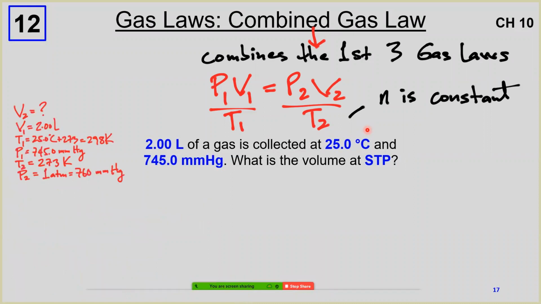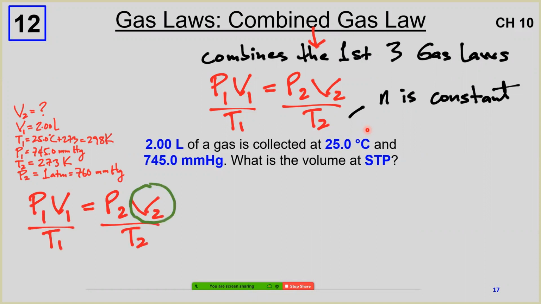All right, so we can use the combined gas law and isolate V2 by itself. I'm just going to copy and paste this real quick. So here's our equation, and we're trying to solve for V2. So we have to move T2 and P2 to the other side, so we can cross multiply.